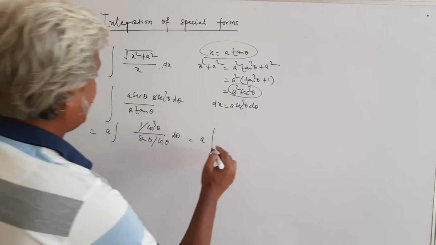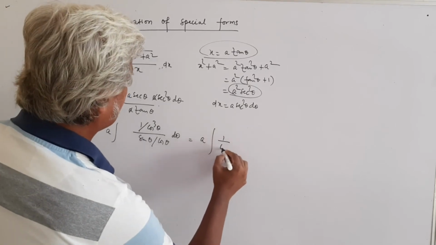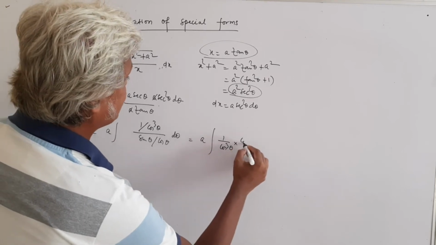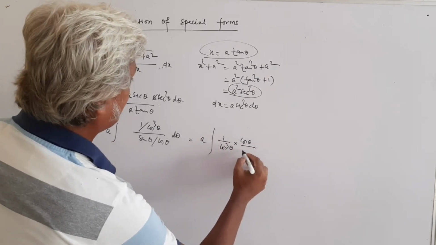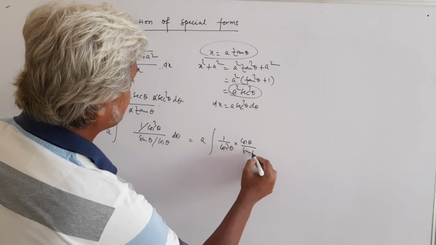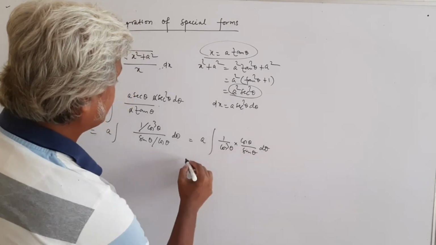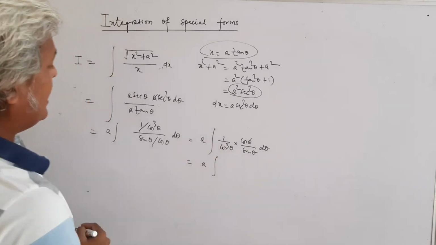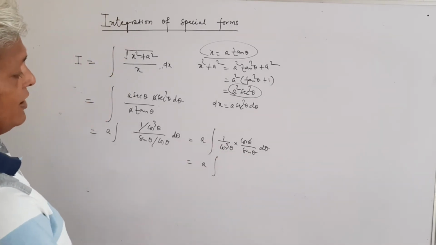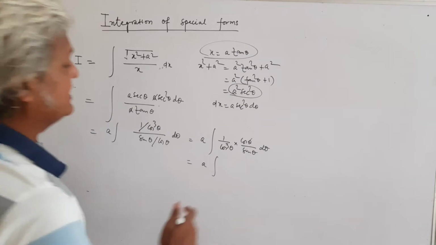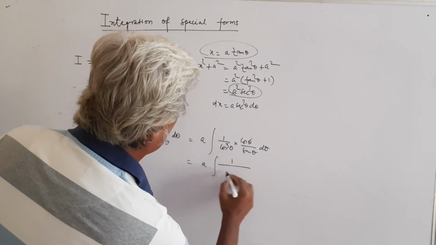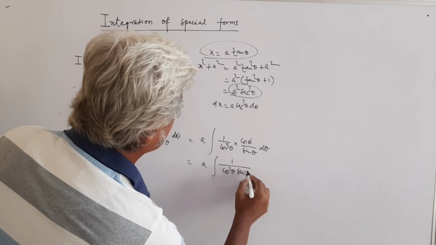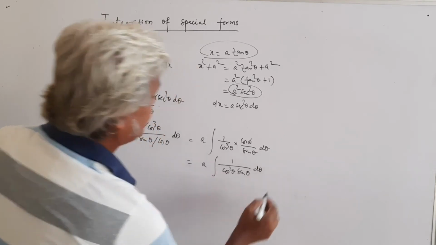So this is 1 over cos cube theta into reciprocal of this, that is cos theta over sin theta d theta. So you see this becomes cos theta cancel this one, and there you get 1 over cos square theta and sin theta. 1 over cos square theta sin theta d theta.